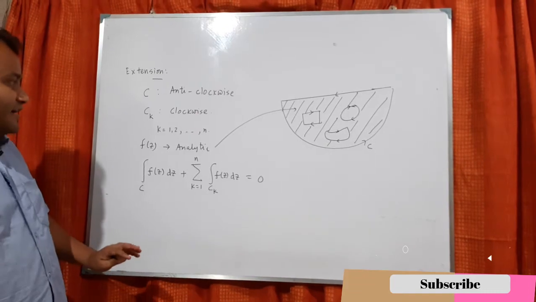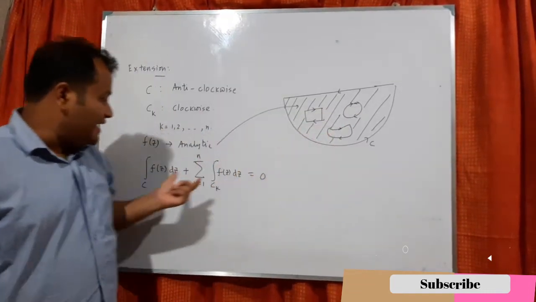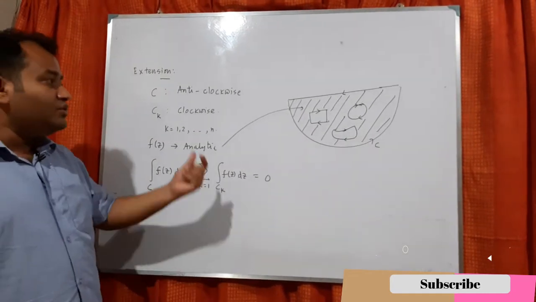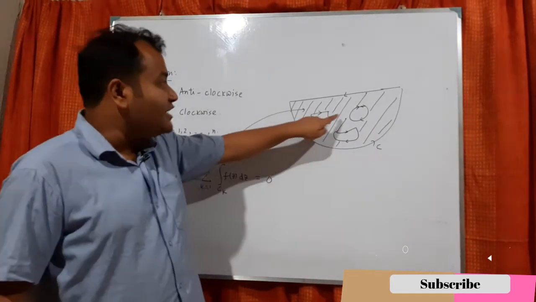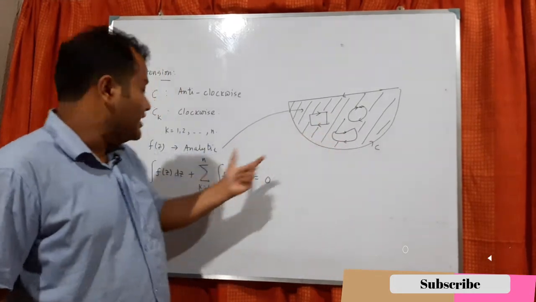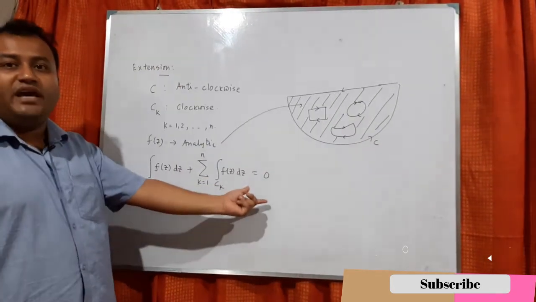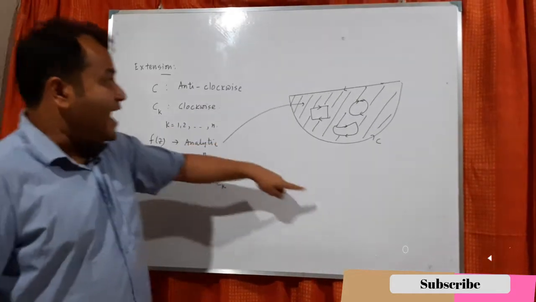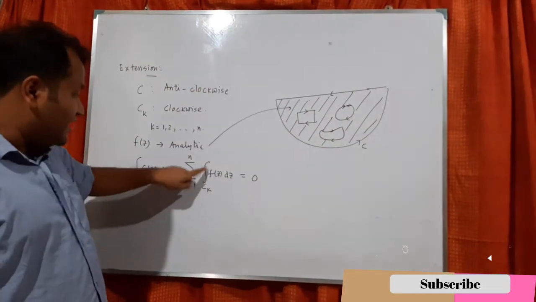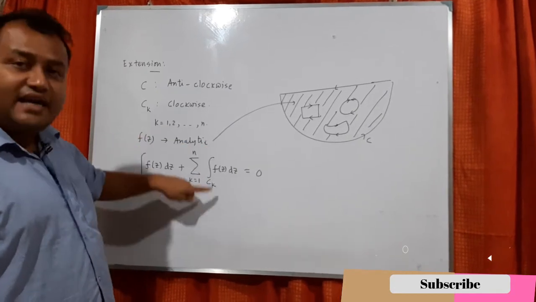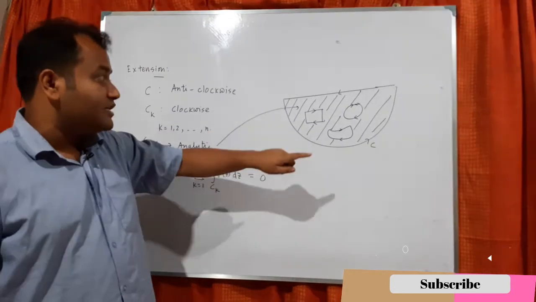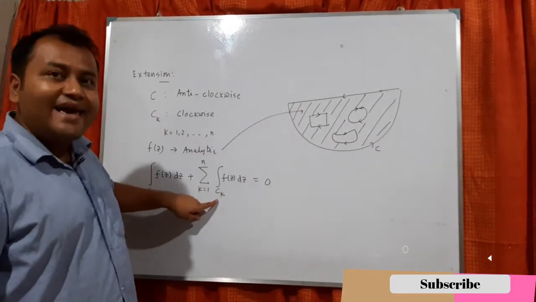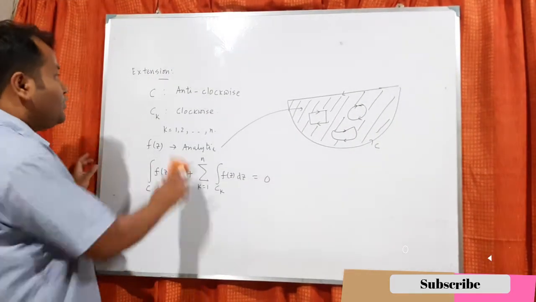You take the integration on the bigger curve, then you take the integration on each of the smaller curves, you add them, and the sum will be 0. But what is the condition? C should be anti-clockwise and the individual curves C1, C2, up to Cn should be clockwise. That means the direction of C and the direction of C_k are opposite.